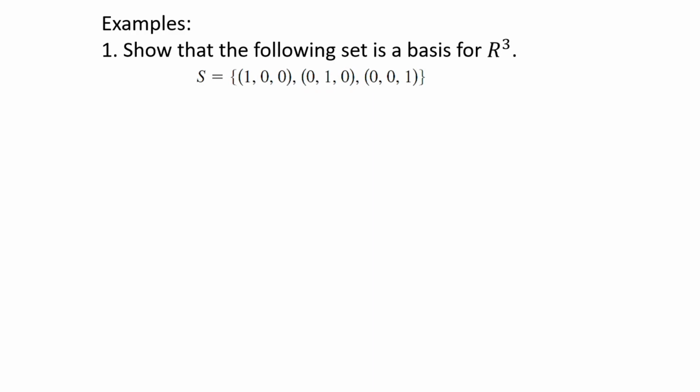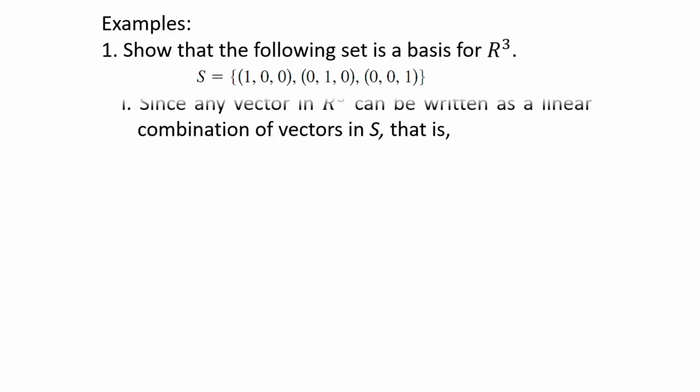First, show that the following set is a basis for R3. So we have the given set S. Again, this set S is a basis for R3 if S spans R3 and S is linearly independent. In our previous lecture video, we have shown that this set S spans R3.